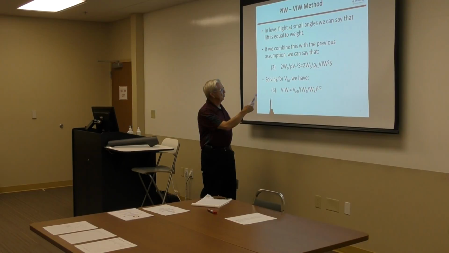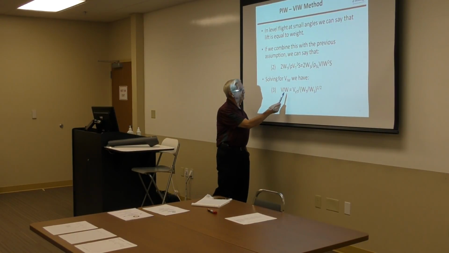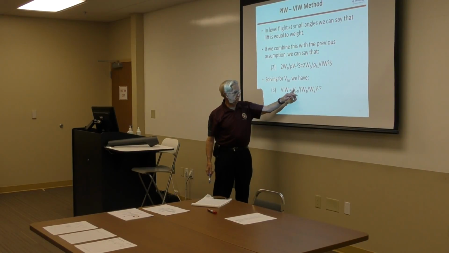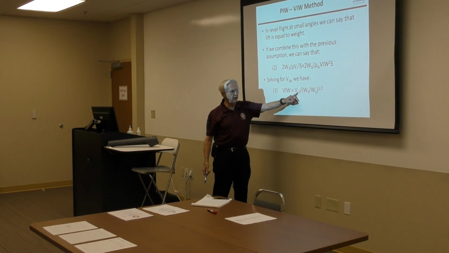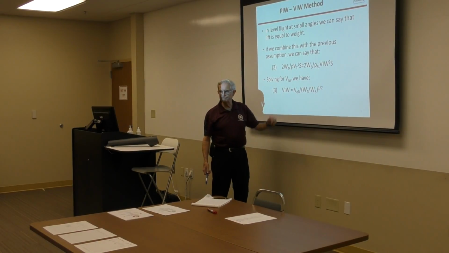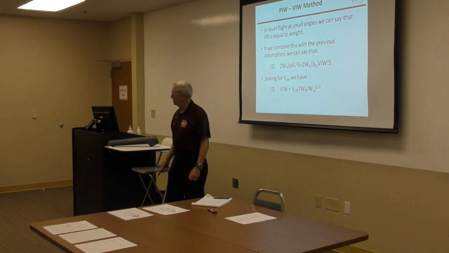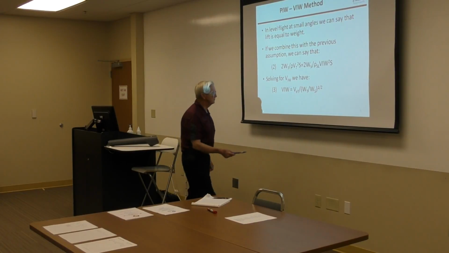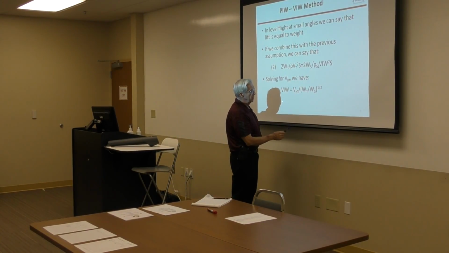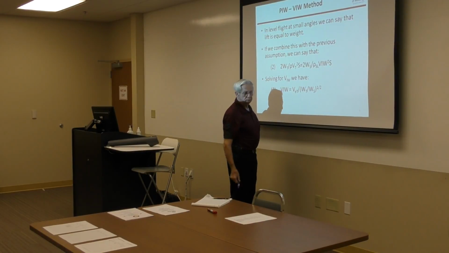And if we solve that equation for the VIW term, we have equivalent or calibrated airspeed for the test value. That's what the T stands for, okay, that's the test value, divided by the weight ratio, test weight over standard weight.